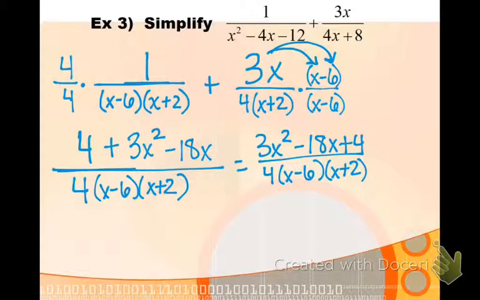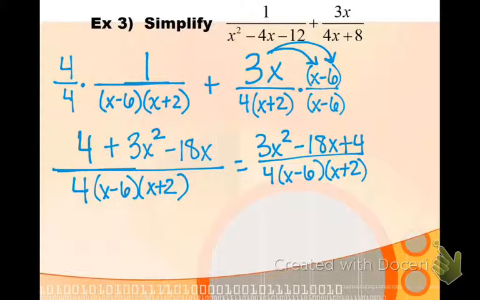Now, what should we be checking to see if we could do? A GCF or factor it somehow? Is there a GCF? No. And I would venture to say I don't think we can factor that even using bubbles. Okay, because if we multiply 3 times 4, what do we get? 12. And there are no factor pairs of 12 that are going to add up to an 18.